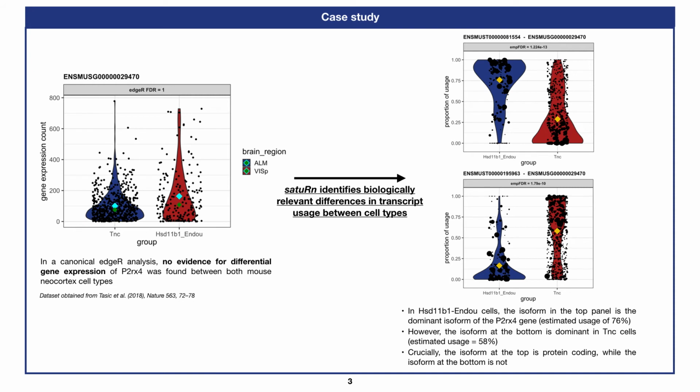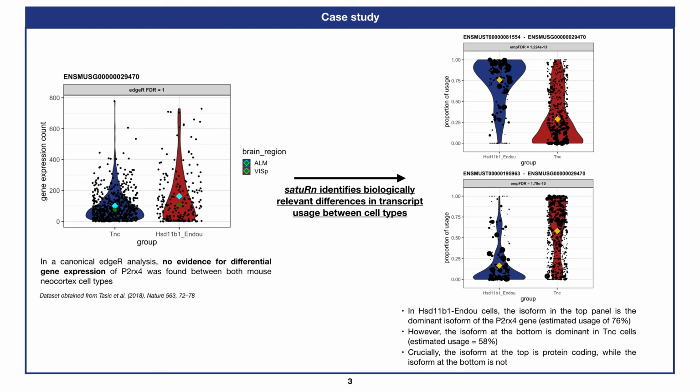However, when we looked at DTU with satuRn, we did observe large differences in the usage of the respective isoforms of the P2RX4 gene. More specifically, we observed that the isoform in the top panel is clearly the most abundant isoform in the blue cell type, with an average estimated isoform usage of approximately 75%. By contrast, the isoform in the bottom panel is the dominant isoform in the red cell type, with an estimated average isoform usage of approximately 60%.